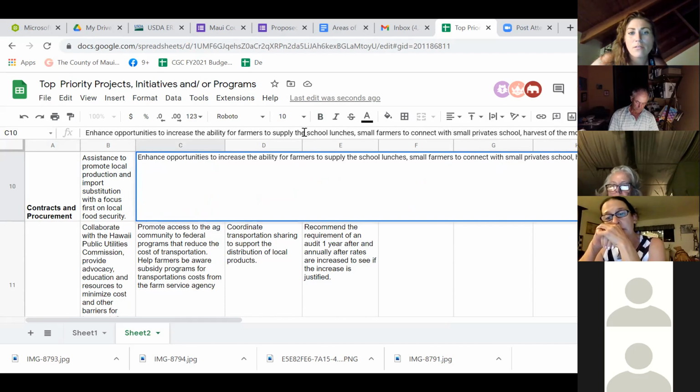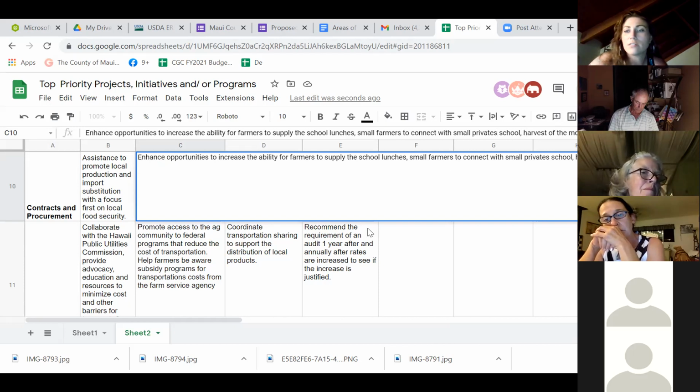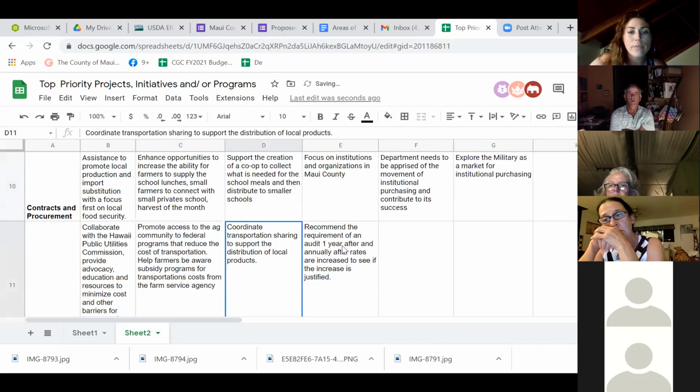So it would be a fruit or vegetable that was locally grown, for all of the schools or the ones that are in the Aina Pono program. Okay. So we can leave it like that and it's understandable.